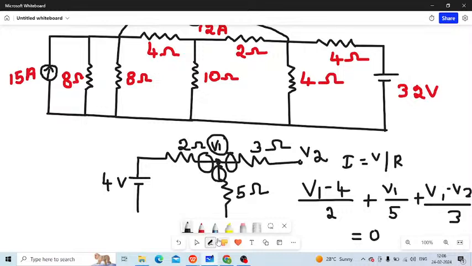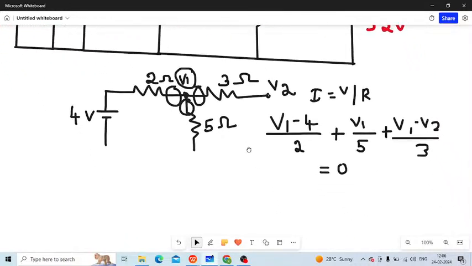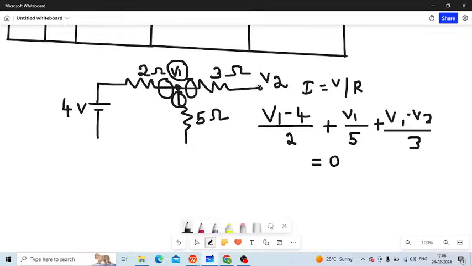Okay. So now if you try to solve this again, you know that there is a V1 common. Here it is V1, here also V1, and here also V1, right?